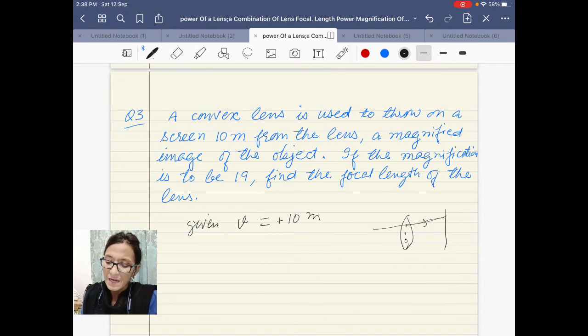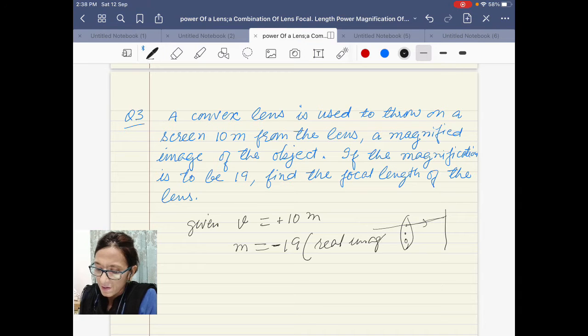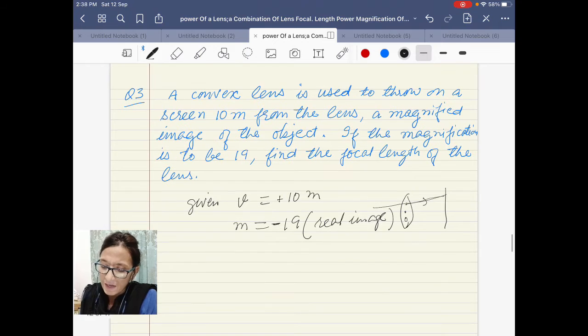A magnified image of the object is formed if the magnification is given. Okay, m is equal to 19. Now here you will see that a real image is formed on the screen. An image is forming on the screen, so image is real, and for real image magnification should be negative. Real image, so magnification is having a minus sign.